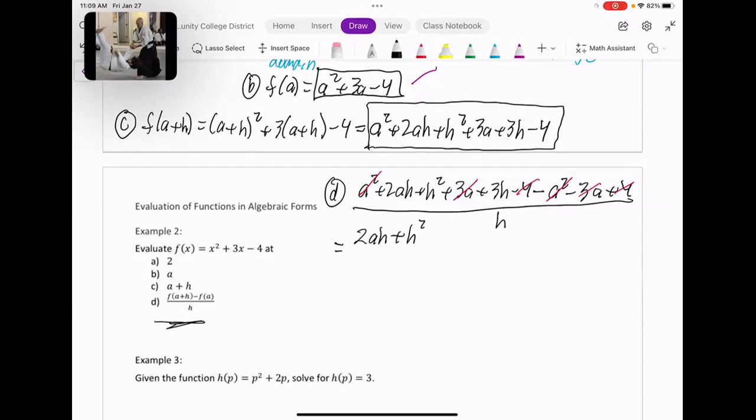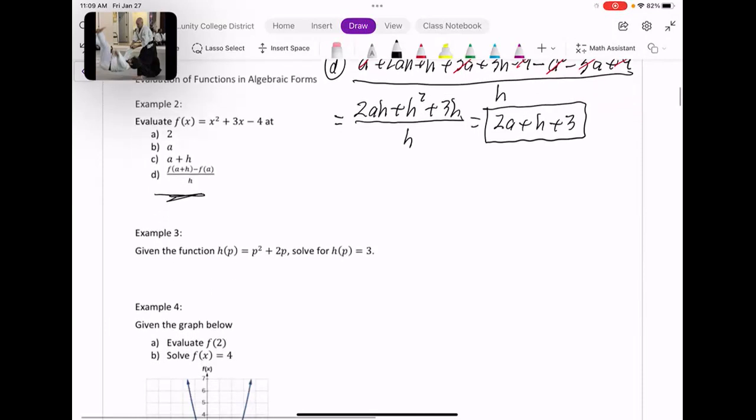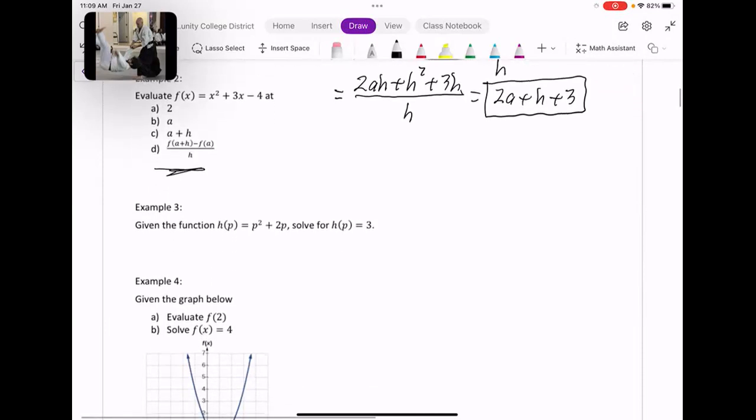What's left all have h's in them. So if I factor out an h and reduce it with the denominator, I end up with 2a plus h plus 3. And believe it or not, you just did calculus the long way, which you'll do at the beginning of your calculus class when you get there eventually.